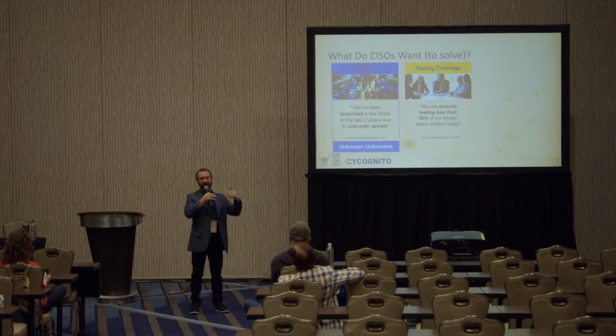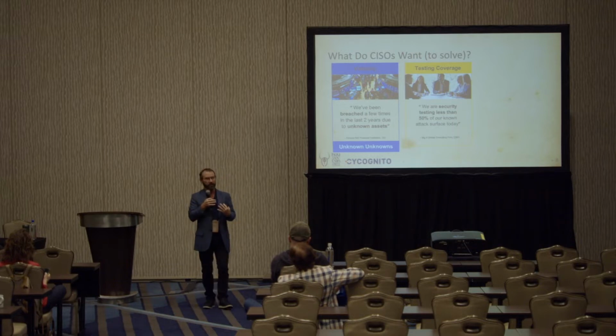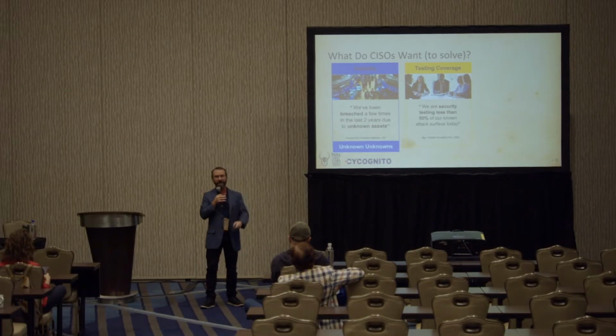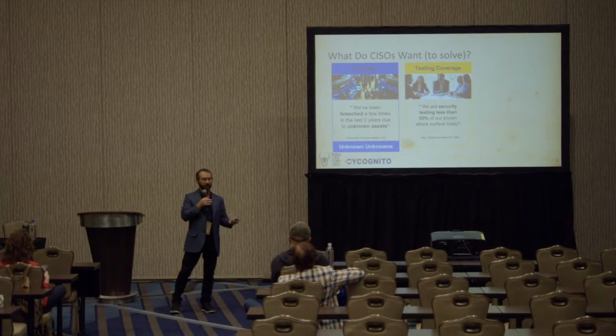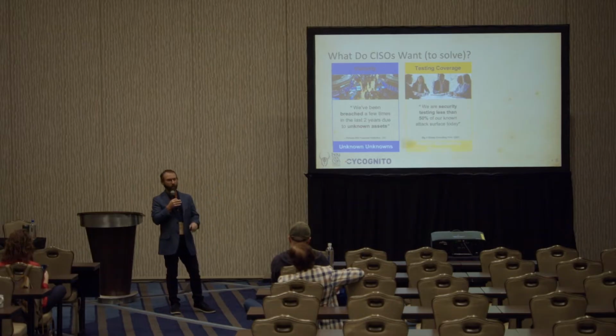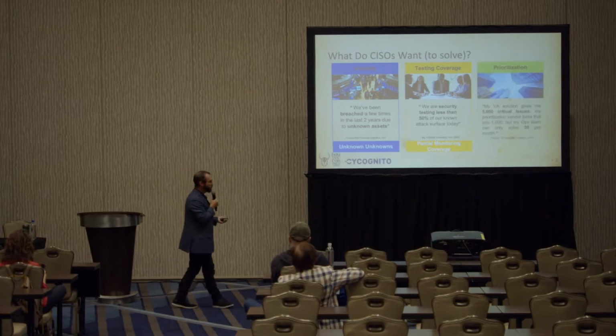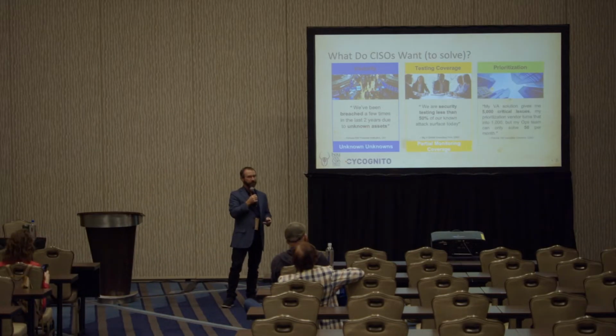And then that is all that they test. When we talk to CISOs of large companies, it's typically less than 10% of their assets that they actually have the time and money to test. And they only test them on an annual basis most of the time. So they only have partial coverage, right, of what they're looking at, what they're testing. The third piece is prioritization.